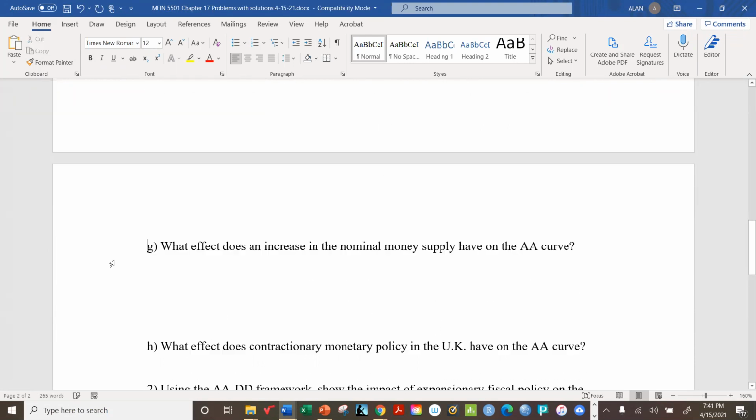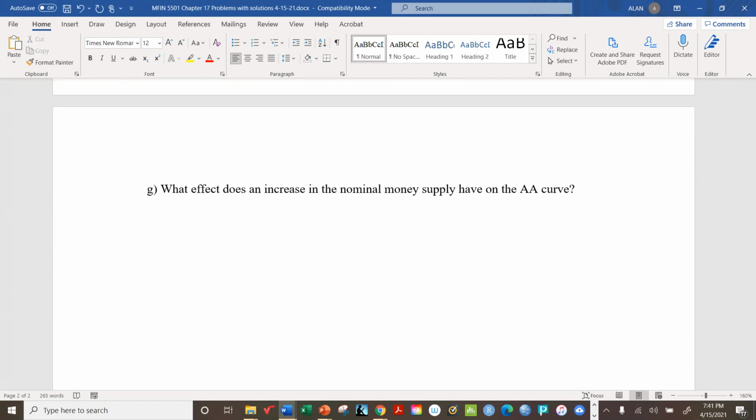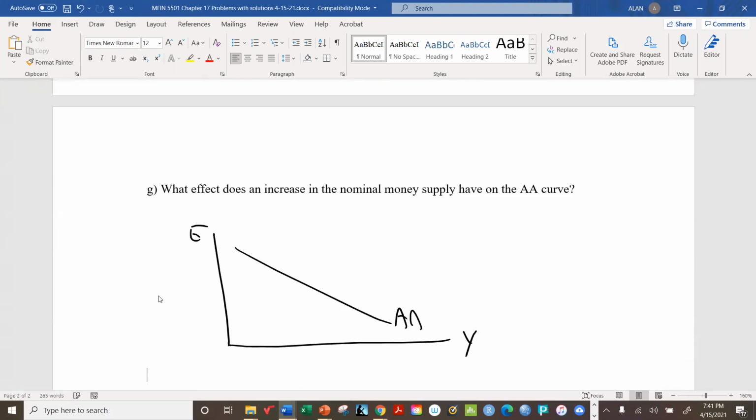The AA curve, of course, is downward sloping. So the question is, what's going to happen here? If we increase the money supply, that will lower interest rates, which should stimulate the economy.